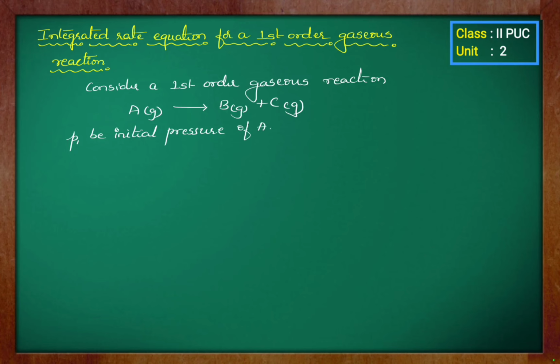We are considering pressure here because for gaseous reactants or products, concentration is represented in terms of partial pressure. So P1 is the initial pressure of A, and let us consider Pt as the total pressure at time t.